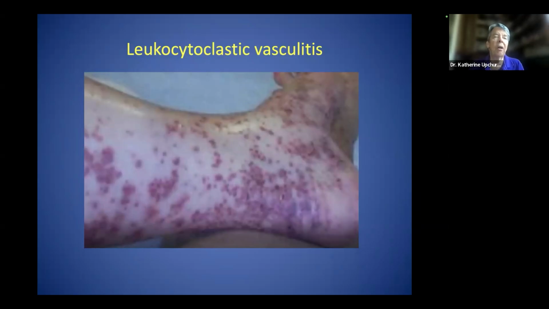And it's a description of purpuric, basically bumpy lesions that often involve the lower extremities, but can be present on upper extremities and are associated with a bunch of different diseases. But if you see this kind of rash, this is very important to get a patient in to see a rheumatologist ASAP. Because if you can't be sure of what the problem is, it could be something very serious.